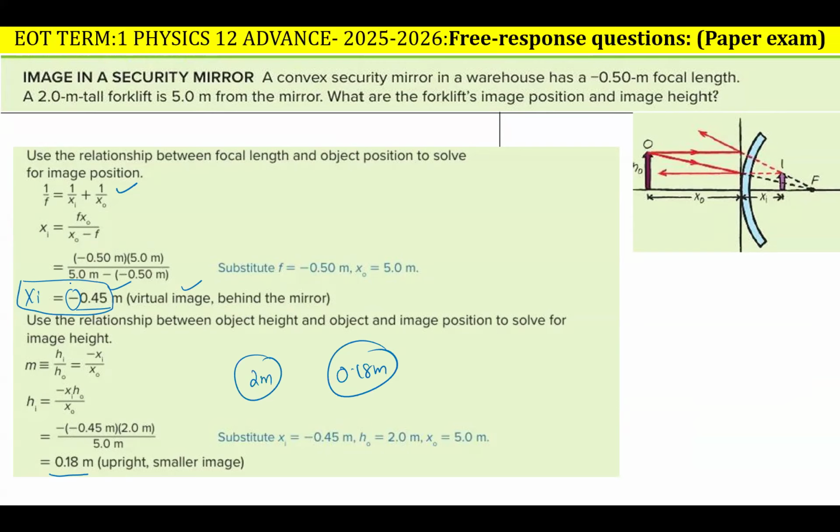If Xi is positive, it's a real image. So here the value of Xi is negative, so I can understand that it's a virtual image. If it's a virtual image, I can understand it's upright. And from height, I got 0.18, but its actual height was 2. So it's small.